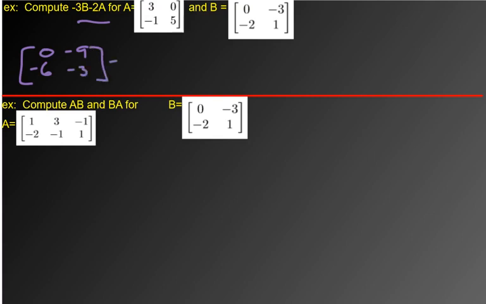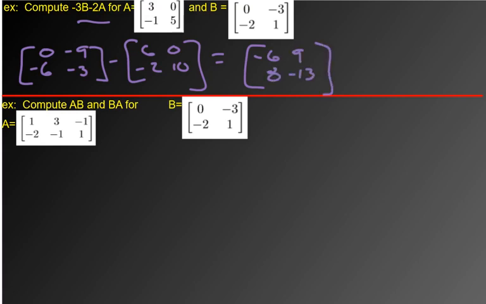Then 2 times a would be 6, 0, negative 2, 10. And then if you subtract them, you just subtract part by part. So 0 minus 6, negative 9 minus 0, and so on. And you would just get negative 6, 9, 8, and negative 13.